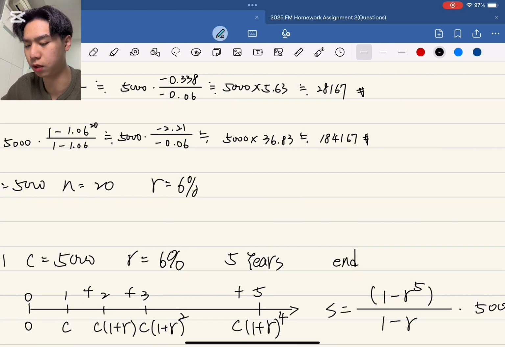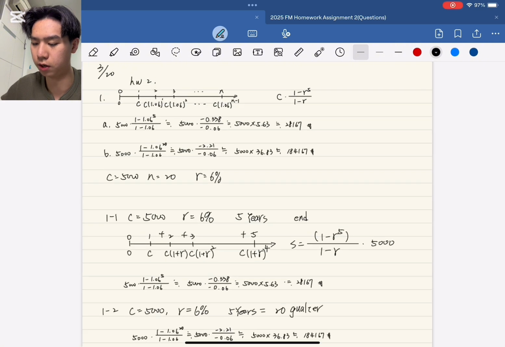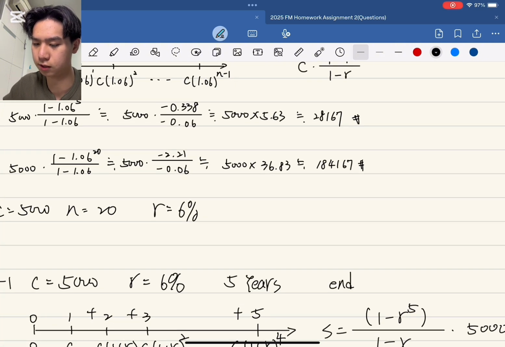Each quarter the interest rate is 6 divided by 4, because there are 4 quarters. So each quarter we receive 1.5%. So the rate is not 6%, it's 1.5%, because we receive the interest each quarter.